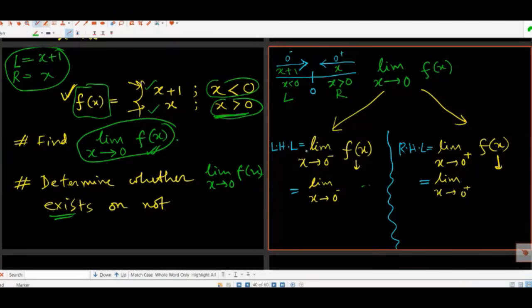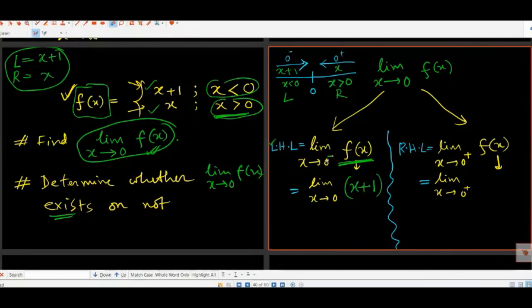You can see we are finding the left-hand limit, so obviously we are going to input the leftward function. Here we will input x plus 1. We need to input the function f of x, but we have a total of 2 pieces, so x plus 1 is written here depending on the negative sign. Do you get my point? Yes, sir. This negative is just for the direction. We have found our function, x plus 1, the leftward function, so now we can drop this negative sign.